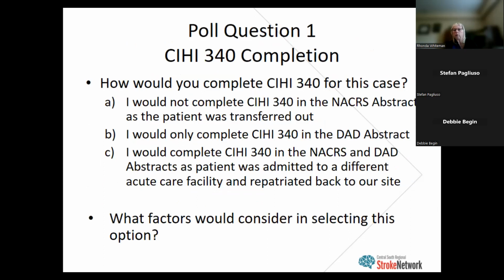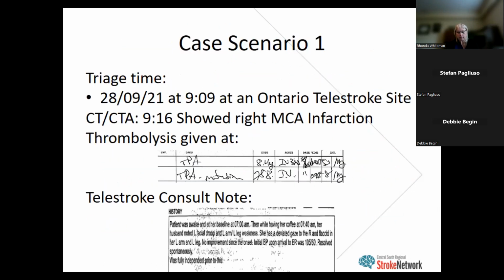So before I launch the poll, think about, would you complete 340 for this case? Would you complete it in NACRS, the DAD, and I'll launch the poll. And I will minimize so that you can see if you need to see the case.